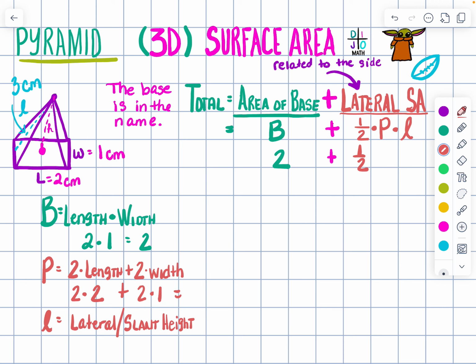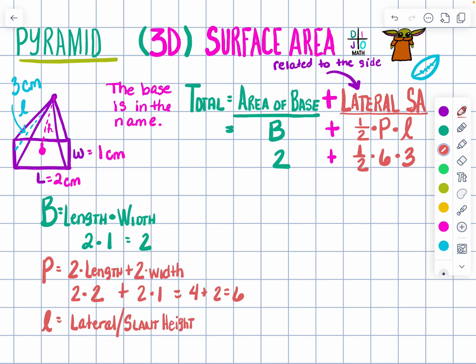So that's going to be 4 plus 2 equals 6. So the perimeter of our base is 6, and the slant height or lateral height is 3. So we can just pop that right in there.